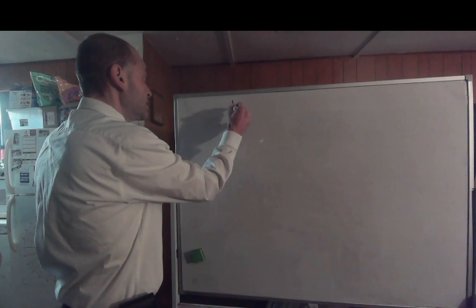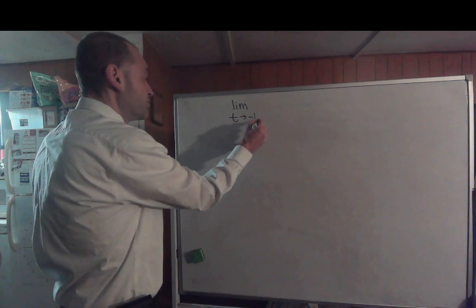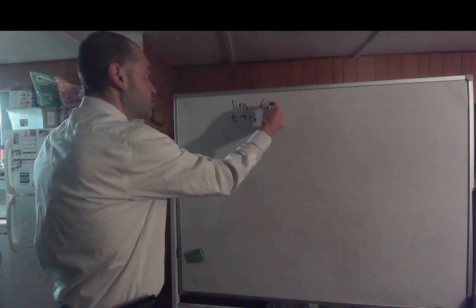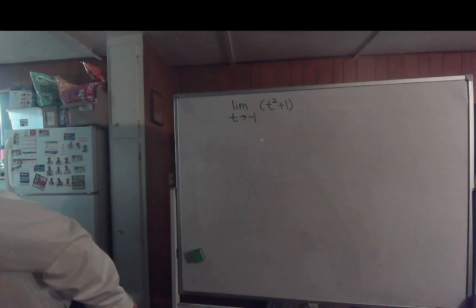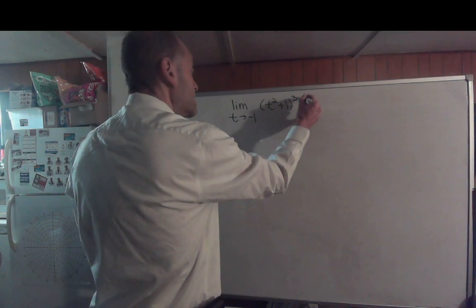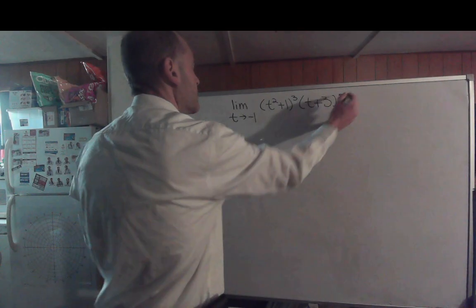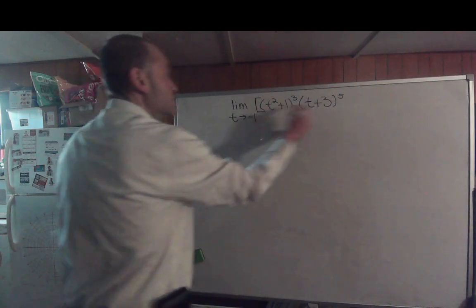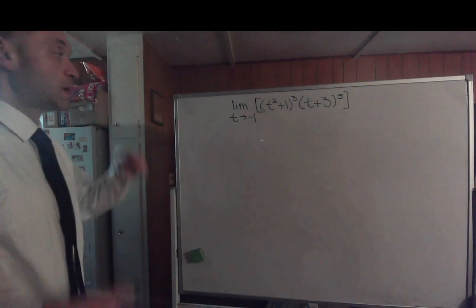So let's see here. We're going to take the limit as t approaches negative 1 of the quantity of t squared plus 1 to the third power times the quantity of t plus 3 raised to the fifth power. So we're taking the limit of this entire function.